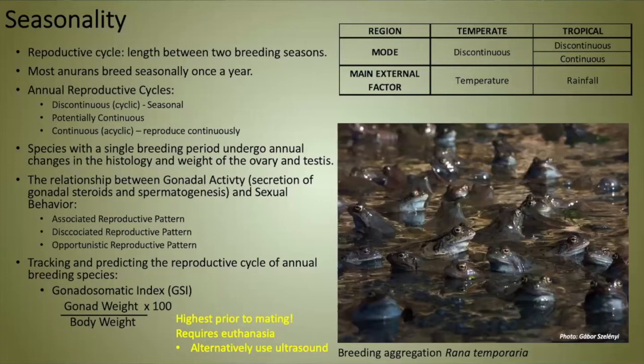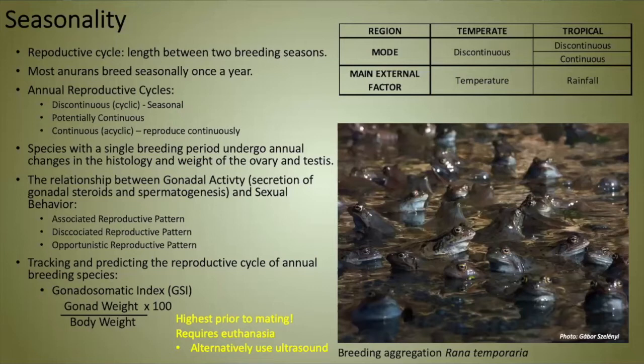The dissociated reproductive pattern is where the gonadal activity is independent of the onset of sexual behavior, or does not always coincide with it. And the opportunistic reproductive patterns are species that are quote unquote ready to go, and usually an external factor such as a sudden drop in temperature or a rainfall event will prompt the breeding event.